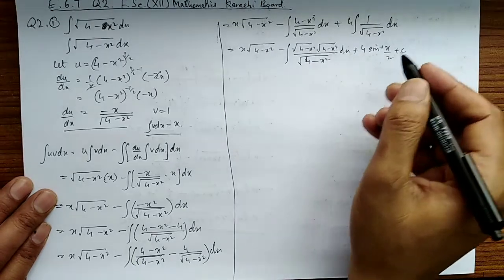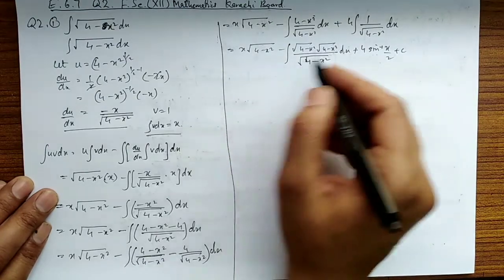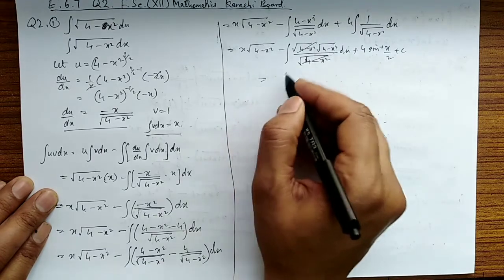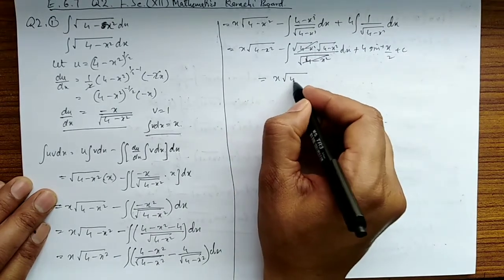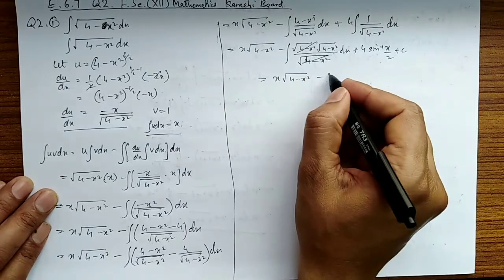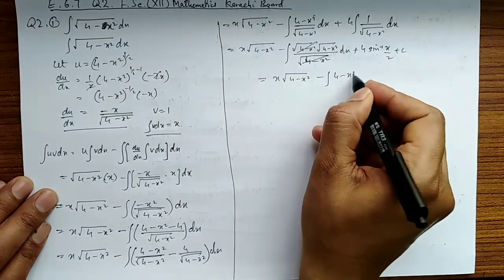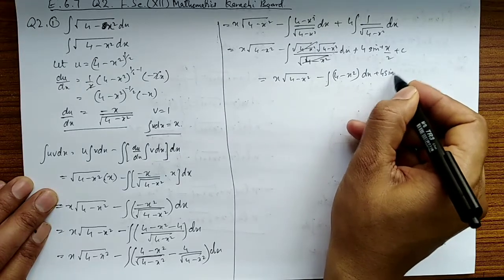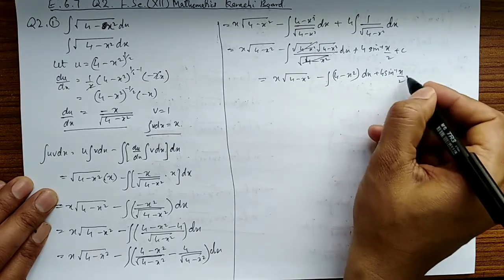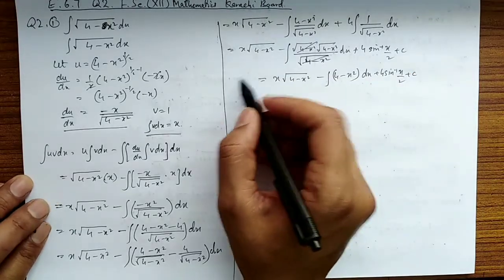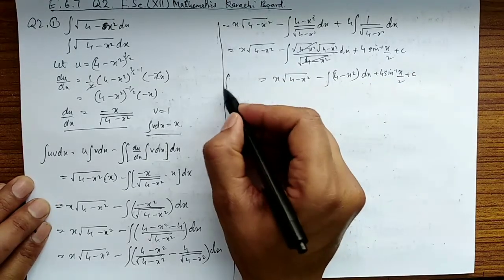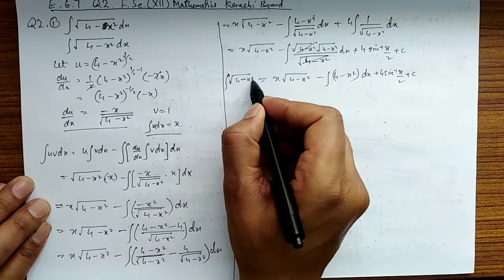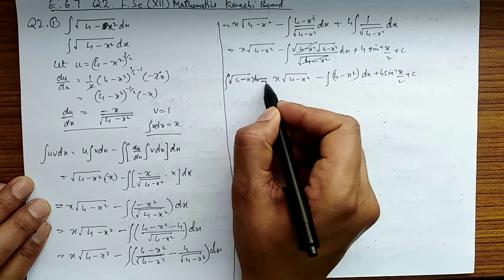Applying the inverse function, and now cancelling this part and this part, we have x root of 4 minus x square minus integral of 4 minus x square dx plus 4 sine inverse of x upon 2, plus remember that on the left hand side we are actually integrating this part, 4 minus x square dx. We have this on the left hand side.